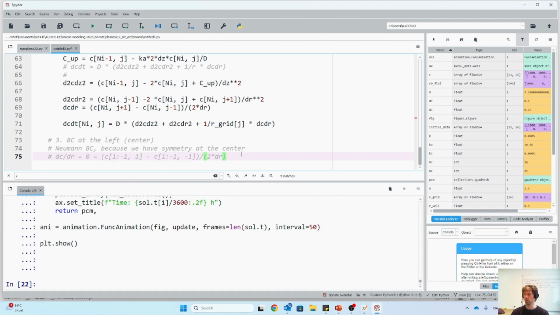So that is our ghost point. And we will later substitute that into the governing equation.